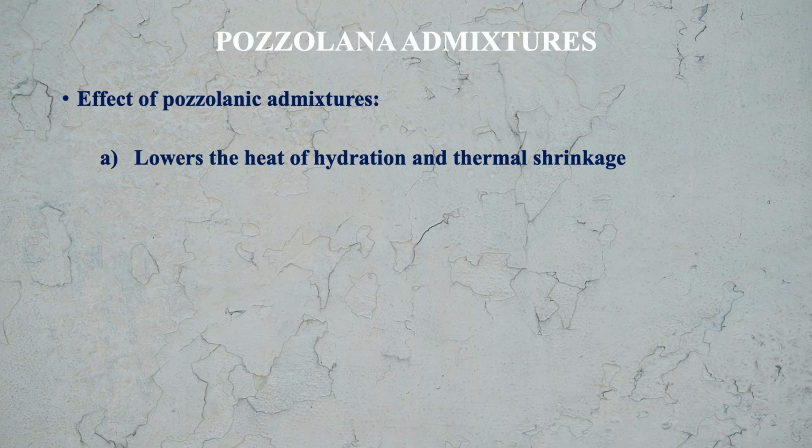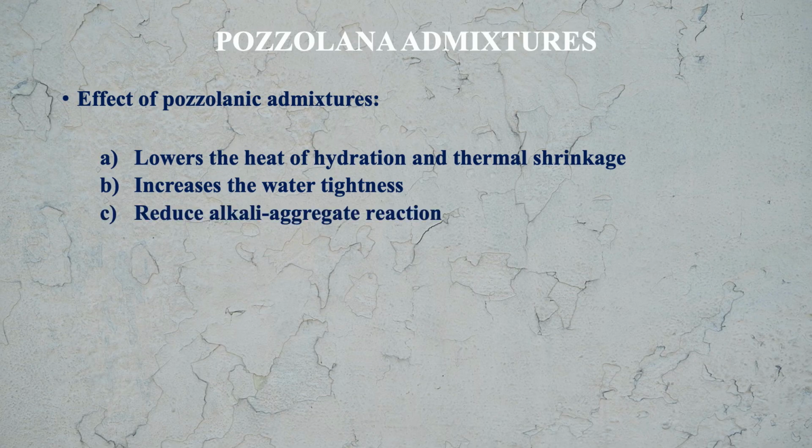Now let us see the effect of pozzolanic admixtures on concrete. What do the pozzolanic materials do? They lower the heat of hydration and thermal shrinkage. These materials also increase the water tightness in the concrete. They reduce alkali aggregate reaction.